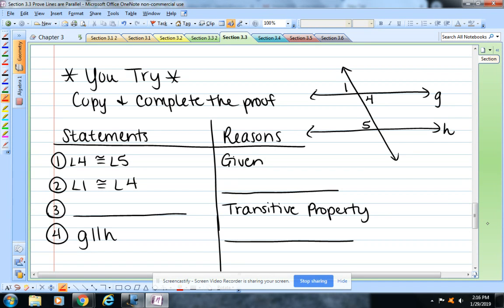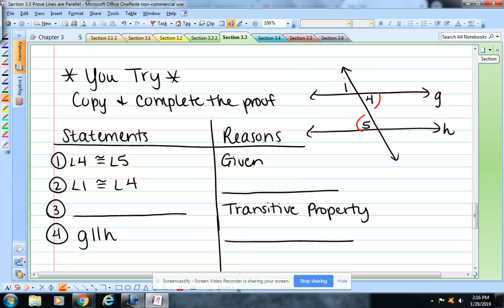All right, first of all, what did they give me? Did they mark it on the picture? No, so they didn't mark it, so you should mark it. 4 is congruent to 5. Right? The first statement tells me that angle 1 up there is congruent to angle 4.